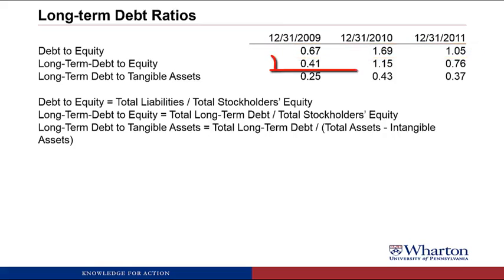If we look specifically at long-term debt to equity, we see that this went up for a little bit, probably as they were expanding and building the new factories, and then it has come back down and is less than 1. Similarly, for long-term debt to tangible assets, the ratio went up a little bit, came back down. These are still pretty low ratios, indicating that Plainview has a lot of debt capacity that they could use to borrow more money to fund further growth.